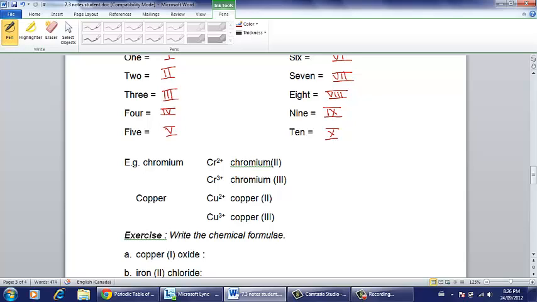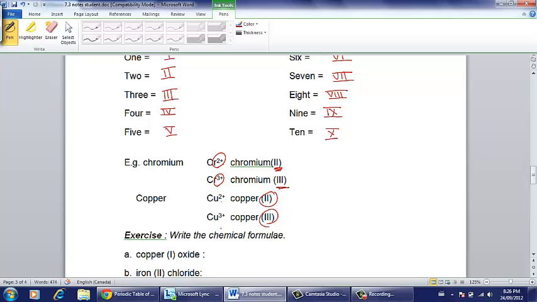For example, some examples of multivalent metals: chromium can be Cr2+ or Cr3+. To indicate a charge of 2, we would say chromium 2. To indicate 3, we would say chromium 3. Same with copper, using the Roman numerals to indicate the charge.